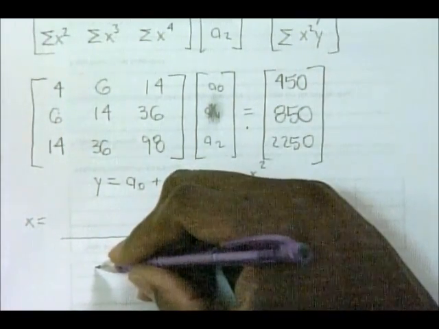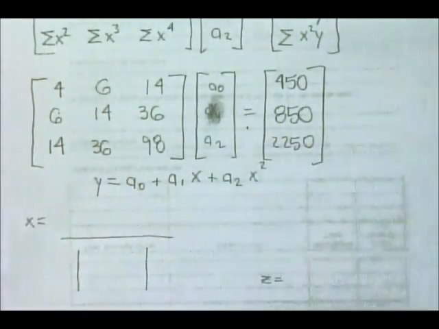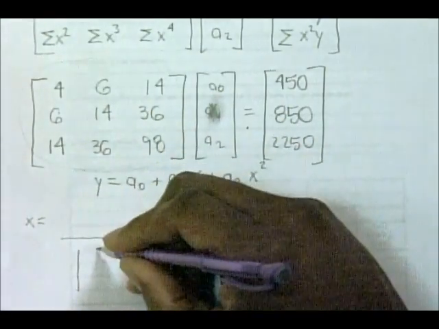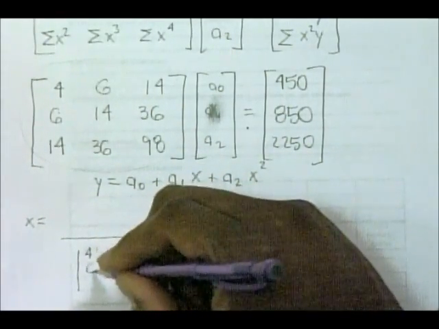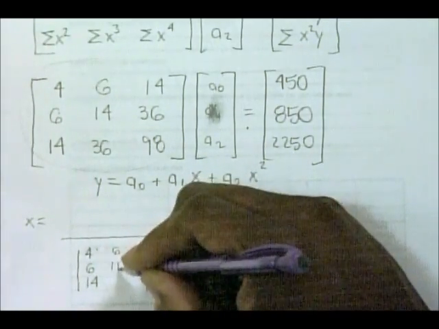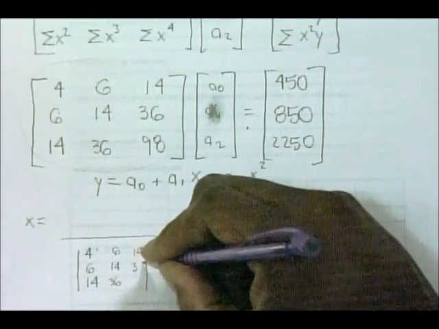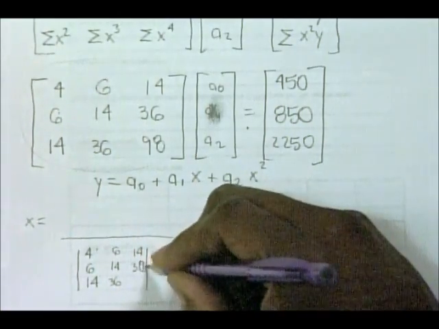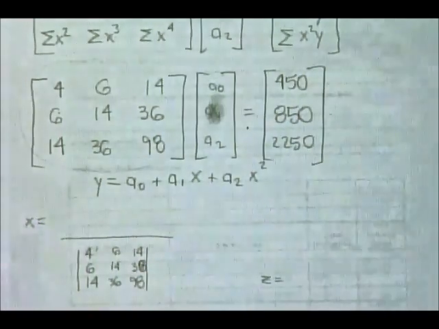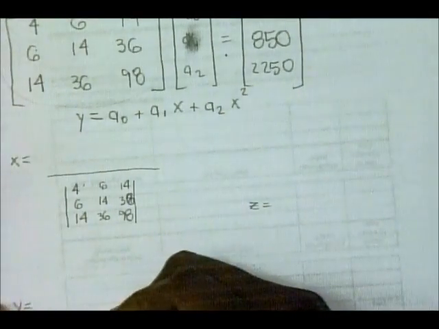The determinant that will remain consistent for all of the denominators is the determinant of this matrix right here. So we have 4, 6, 14, 6, 14, 36, 14, 36, 98. All right? And that would end up being the denominator for all of your answers.